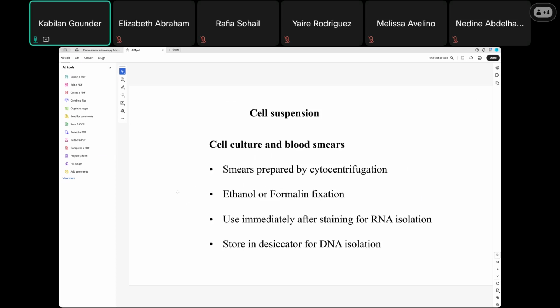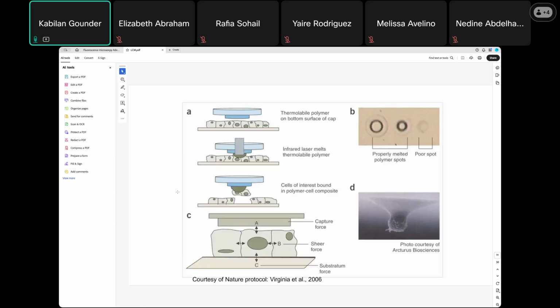Not only can you use the tissues to isolate the cells, but you can also do cell suspensions. You can use smears prepared by centrifugation, or you can fix that with ethanol, and then immediately you can isolate RNA from these cells. Also, you can store in the desiccator if you are using this in DNA isolation.